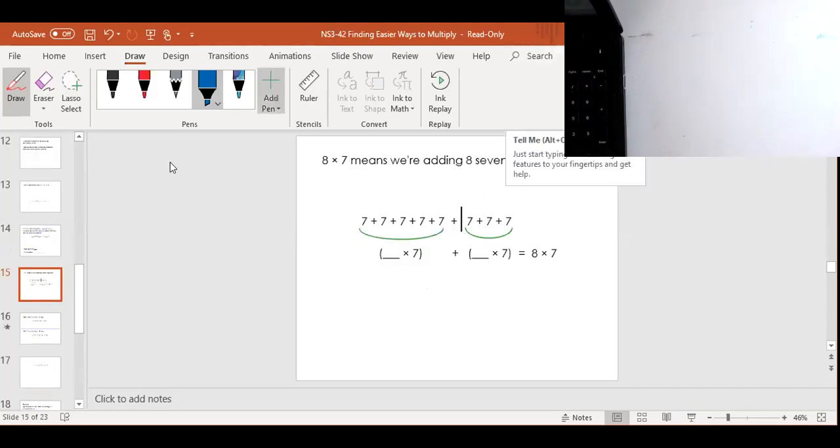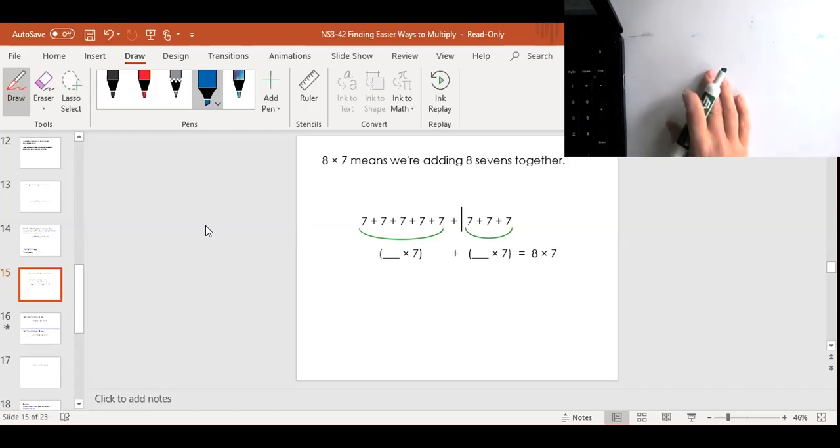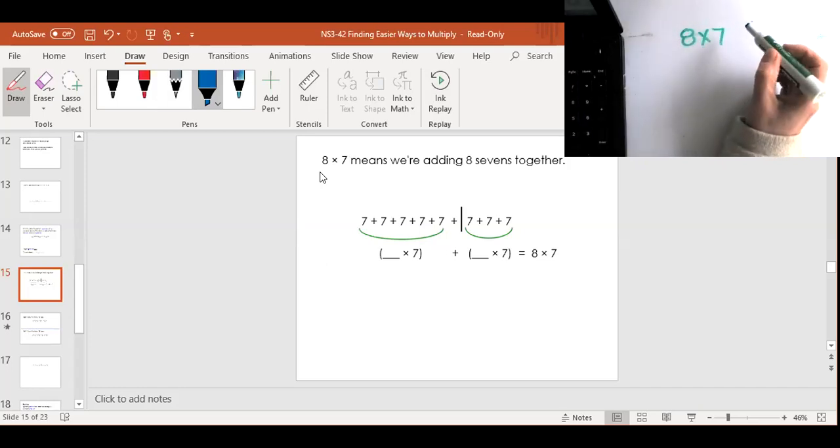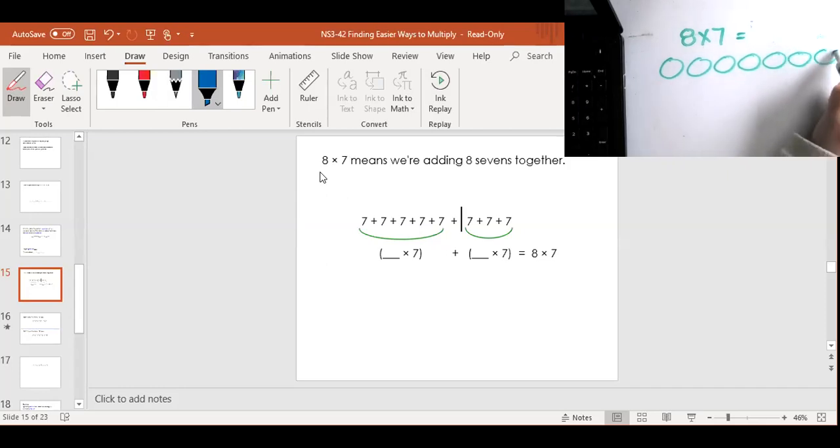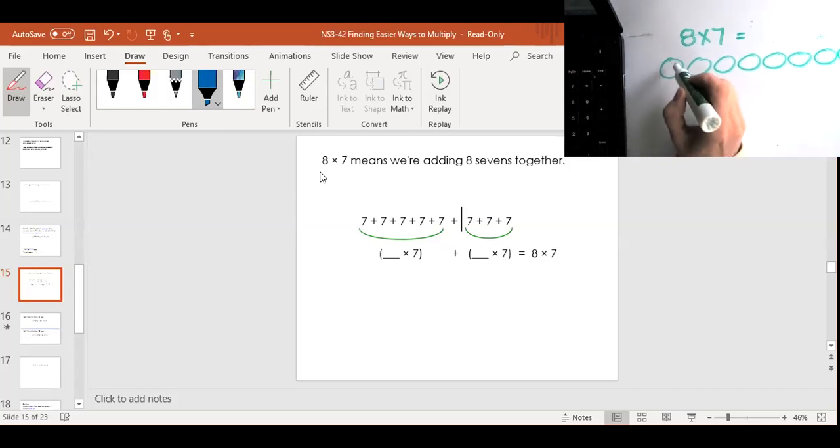Okay. So we're going to change things a little because if you go to page 184, now they're not showing you pictures of groups of dots. They're showing you numbers, a whole bunch of numbers. In the one in my book that you can see right here, it's showing 8 groups of 7, which means you're adding 8 sevens together. It could also mean 1, 2, 3, 4, 5, 6, 7, 8, and there's 7 in each one.